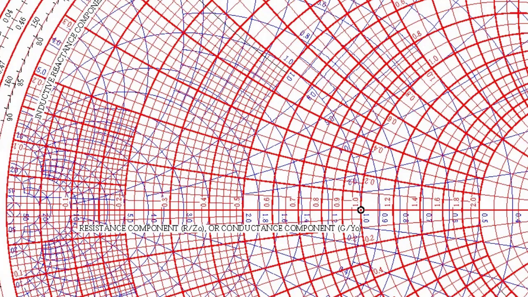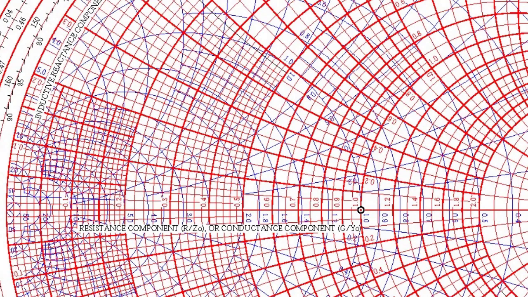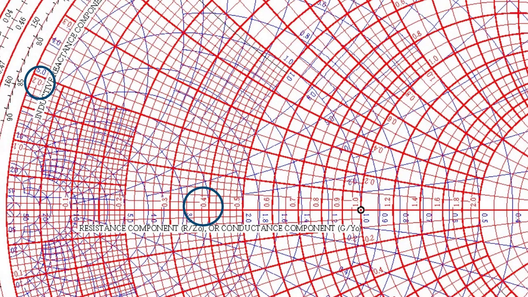We're going to be looking at the red circles because we're talking about an impedance. Let me circle the values. We're looking for plus 0.4, so there's 0.4, and plus 0.2 on the reactive circles. So our impedance is going to be at the intersection of those two curves. Let me go ahead and draw that with a fat pen.